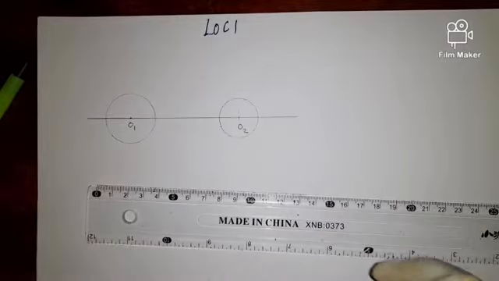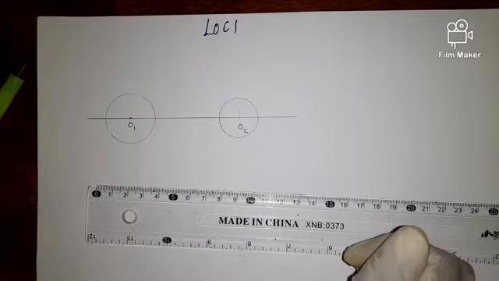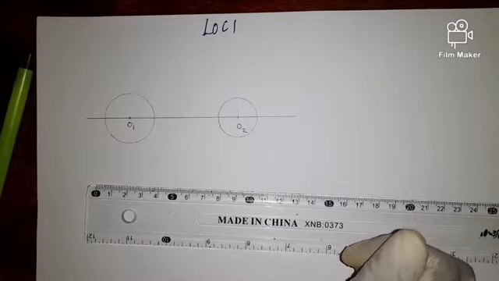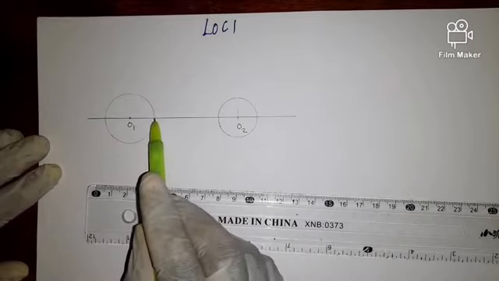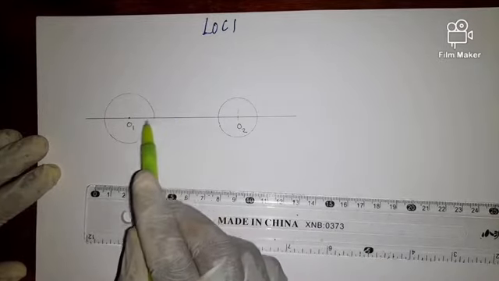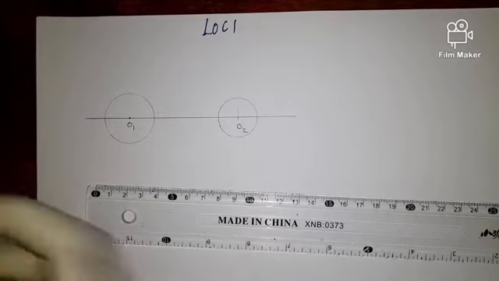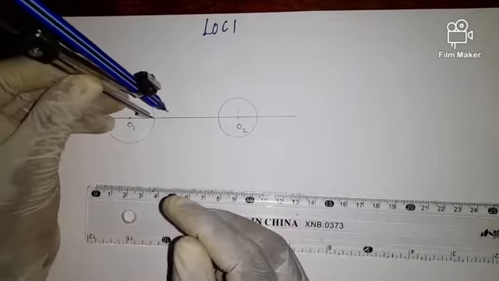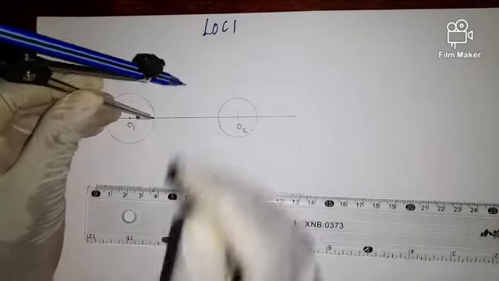Good. Now the next thing we shall do, we are going to get the midpoint between the circumferences. This distance between the circumferences, we get the midpoint from here up to here. How do we get the midpoint? We take this distance with any length.